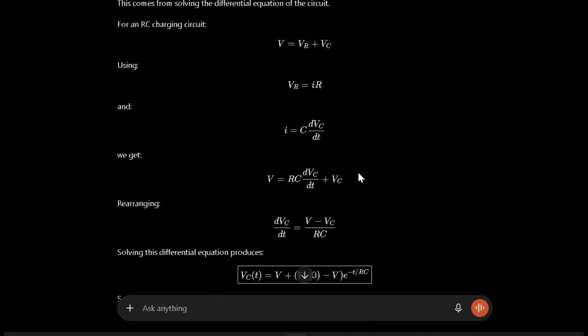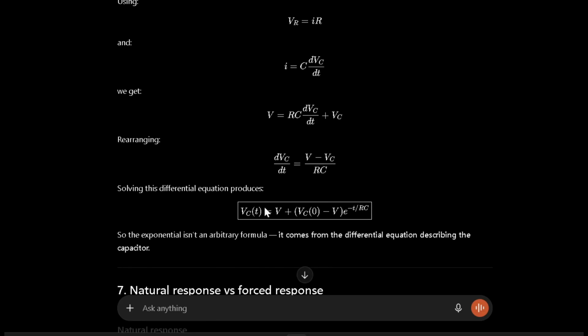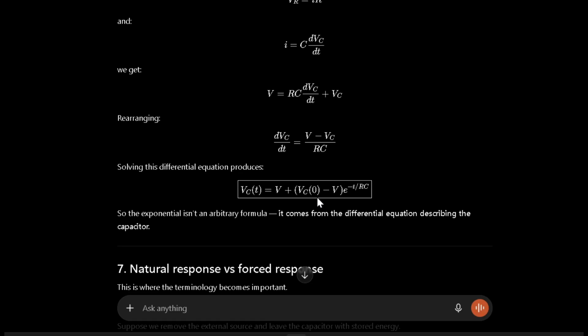This is the capacitor definition. Then here V into (1 minus e power minus t by RC) will come eventually.